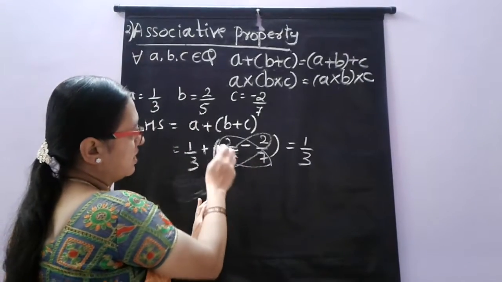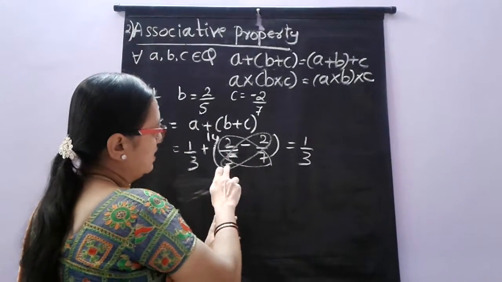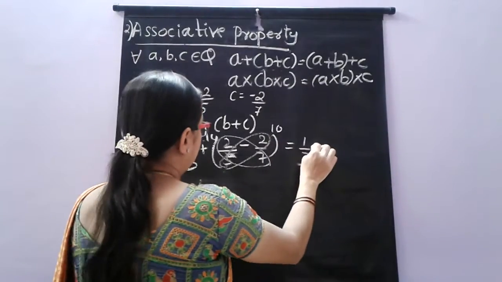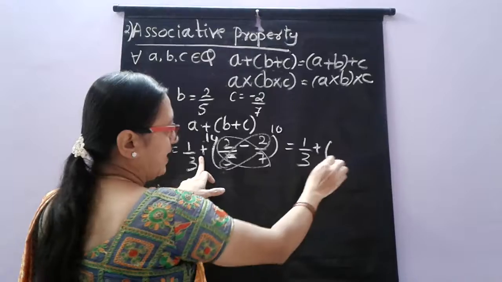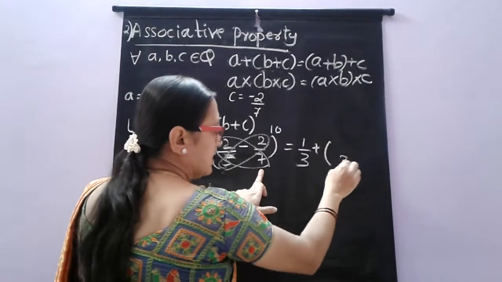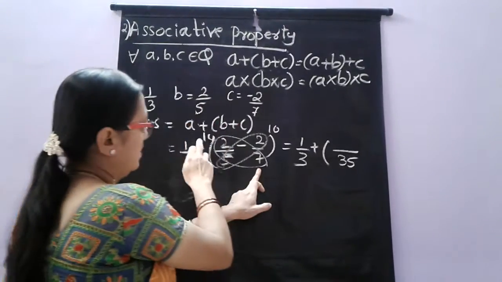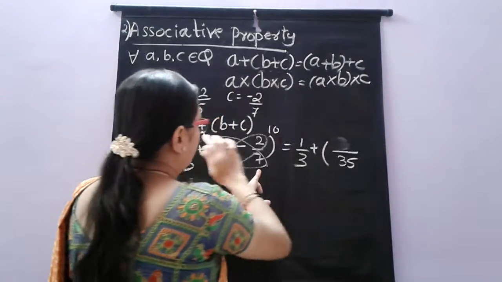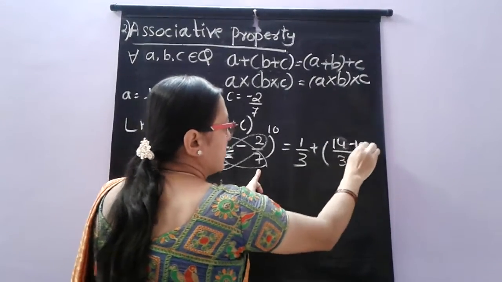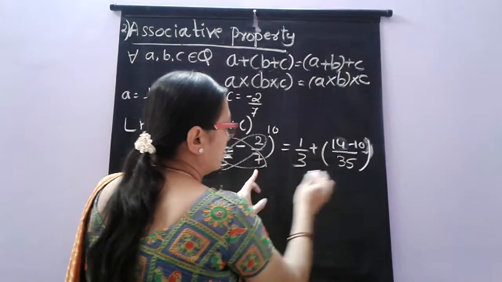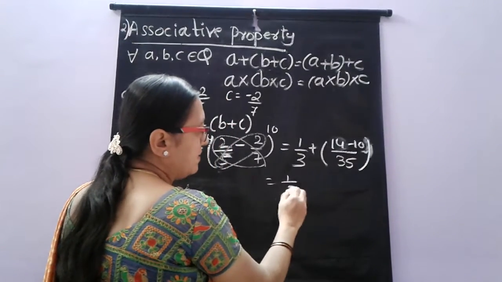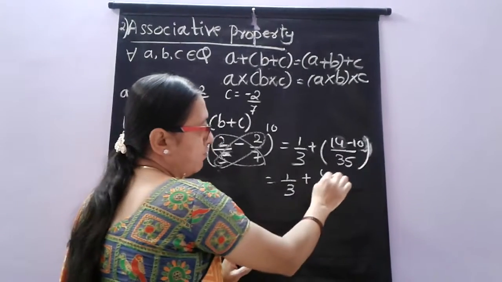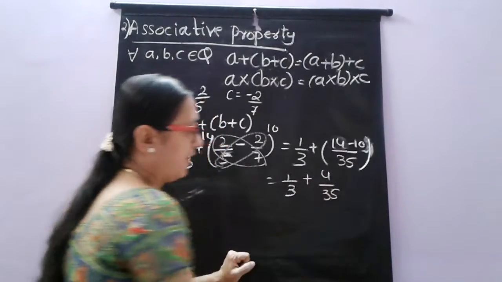This is 2 7s are 14, 5 2s are 10. 14, this plus as it is into bracket 5 7s are 35. 14 minus 10 here. This is equal to 1 by 3 plus 14 minus 10 is 4 by 35.